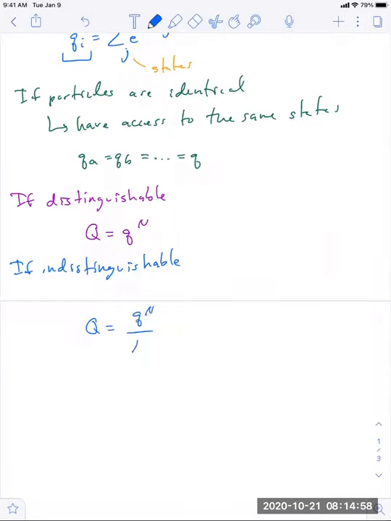One way to do that is just to divide by all of the permutations, which works if each particle can have its own state.